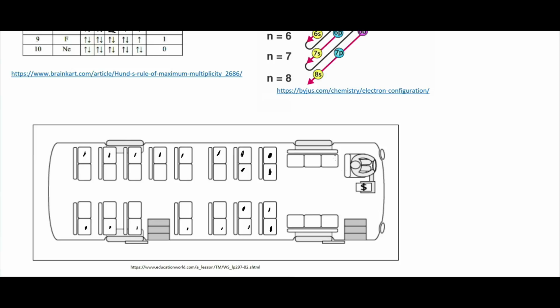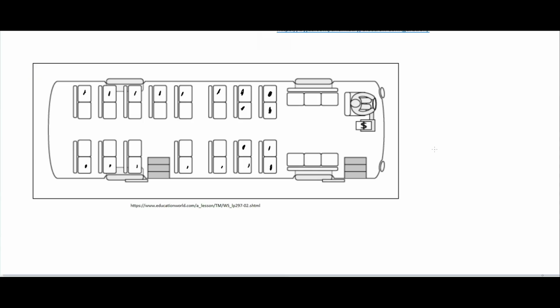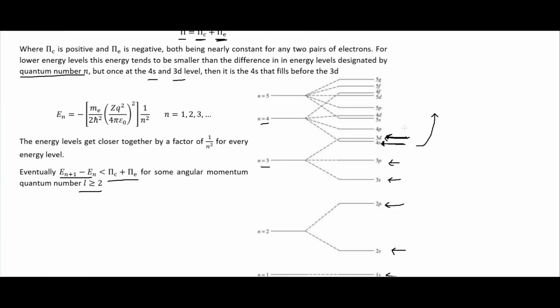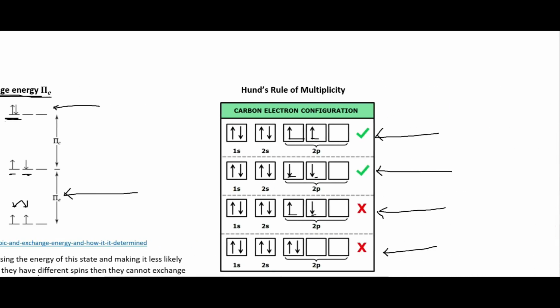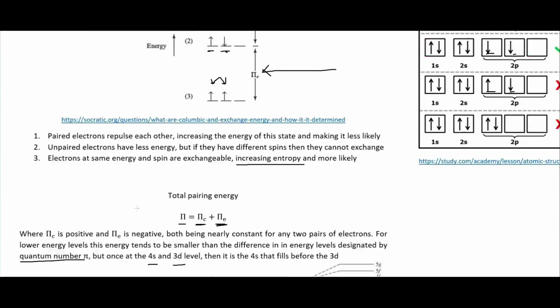And so that's the way I like to think about it, as this sitting on the bus principle. And so that's, I guess, the Hund's rule principle there. It fits with Hund's rule very well, where each of these orbitals is going to be filled by a single electron before you start actually pairing them up.